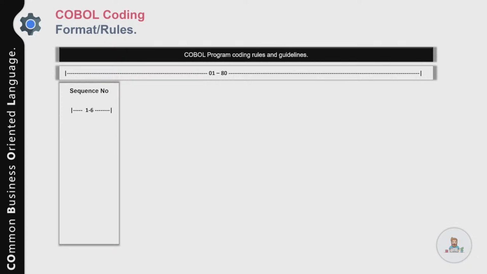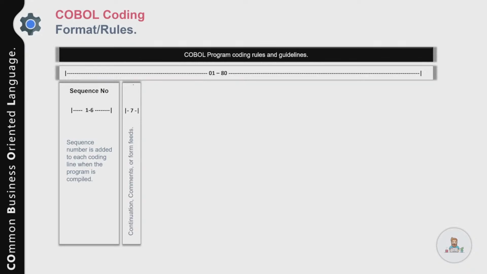Let's look at the significance of each field. The first 6 bytes or columns are reserved for sequence numbers, and sequence numbers are added to each line by the compiler during the compilation process, and they are not used anymore in modern days. You can leave them blank because they were actually used during the olden days when you had the punch card.